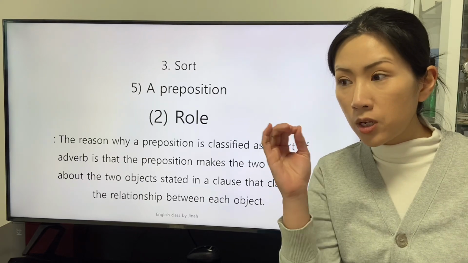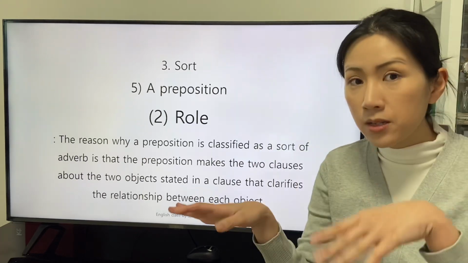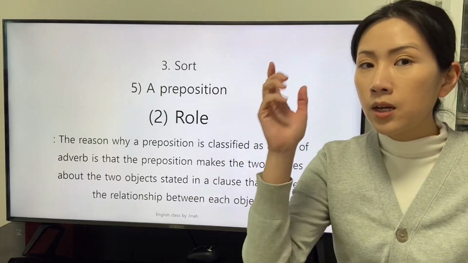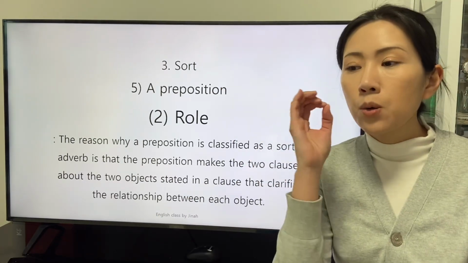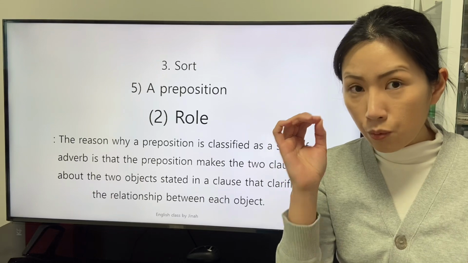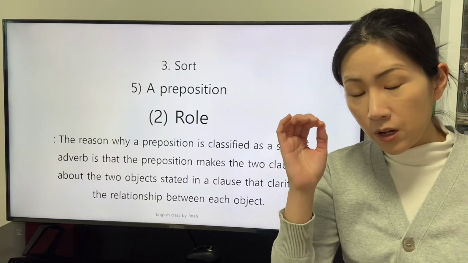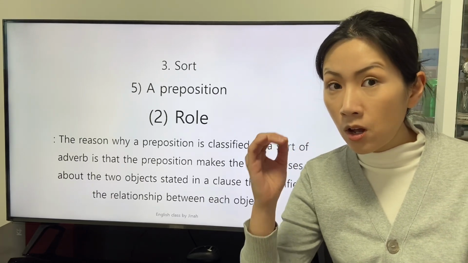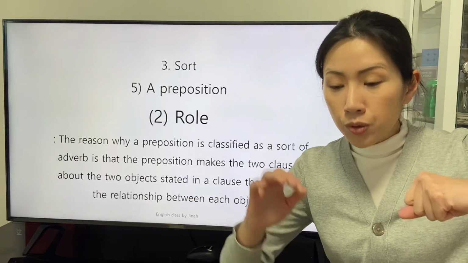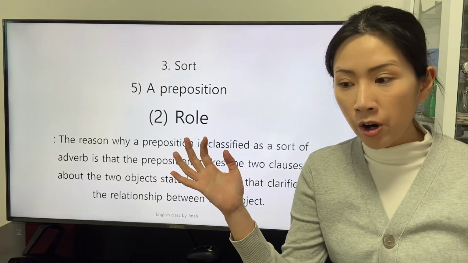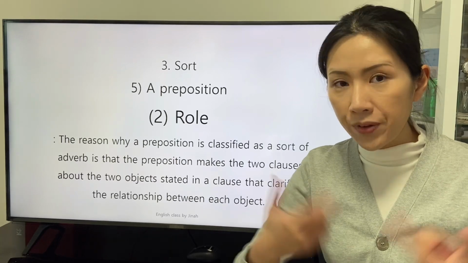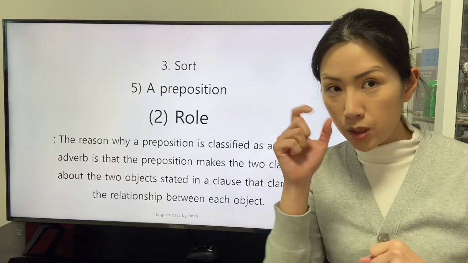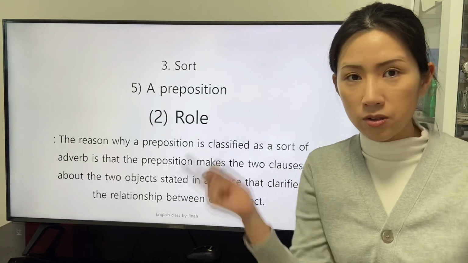Without the preposition, two subjects will be described in each clause distinctively. But with the role of the preposition as an adverb, two clauses are merged into a clause to reveal the relationship between them.